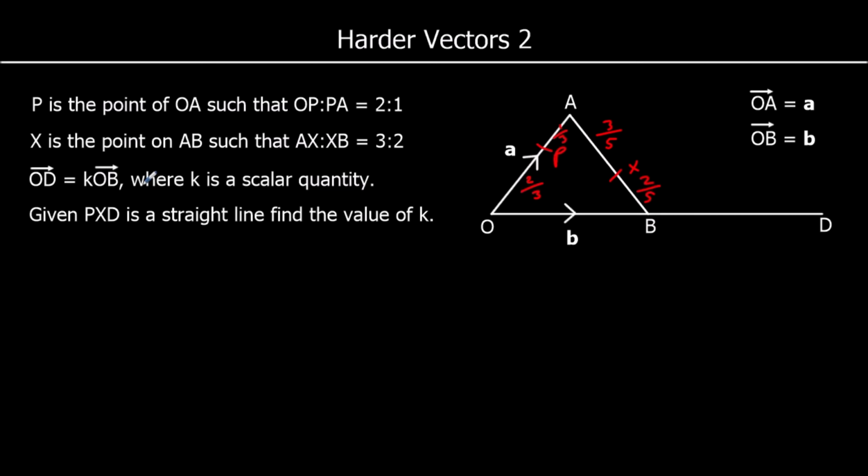O to D is a multiple of O to B. And PXD is a straight line, so P to X to D is a straight line. So that should have been there. Let's redraw X there.